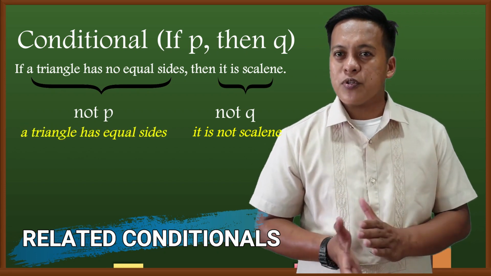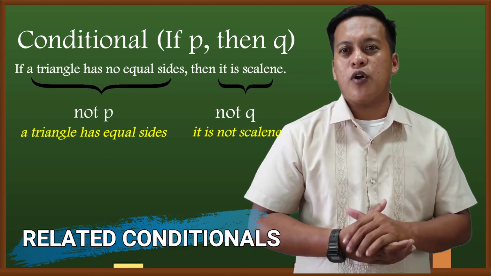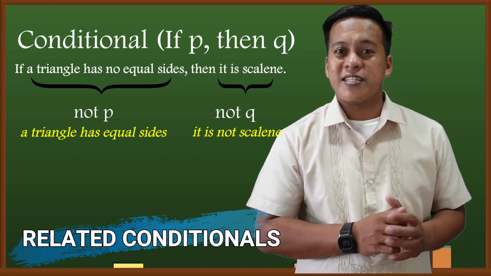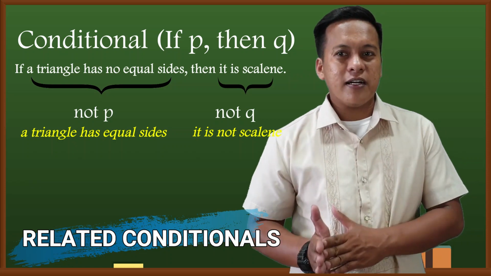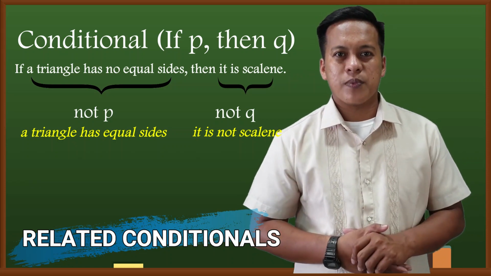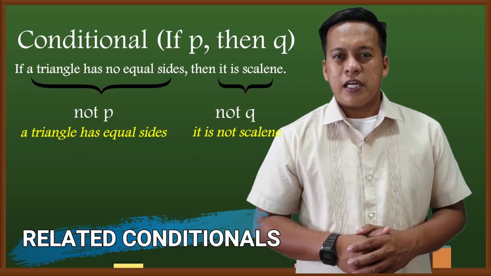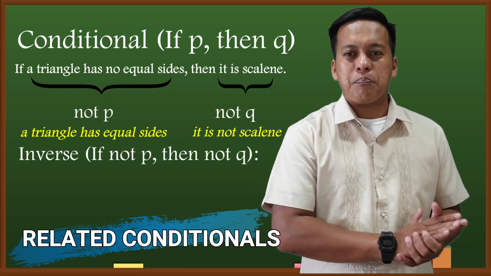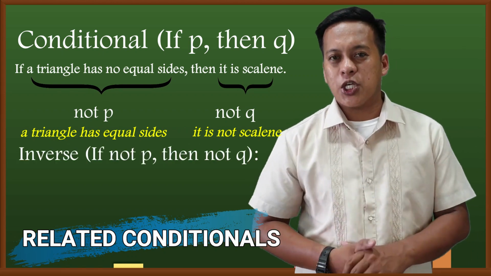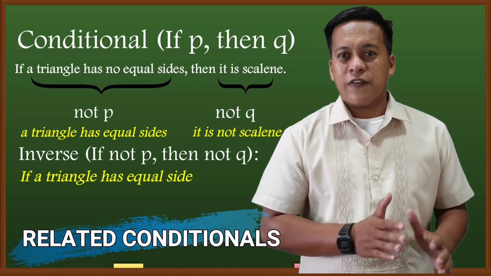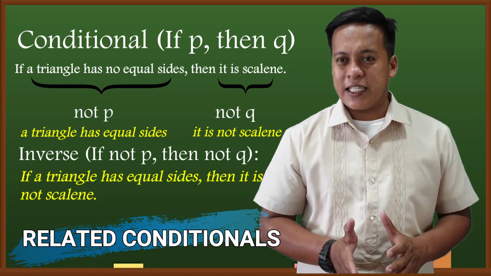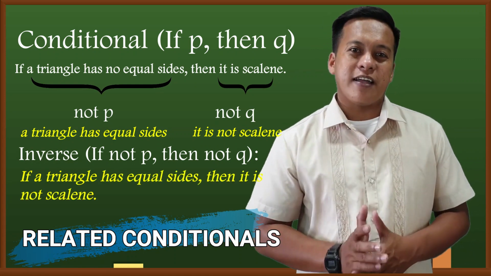We follow the same procedure in getting the negation of a statement with the words not, cannot, and other similar words. So, inverse, if not P, then not Q. If a triangle has equal sides, then it is not scalene.